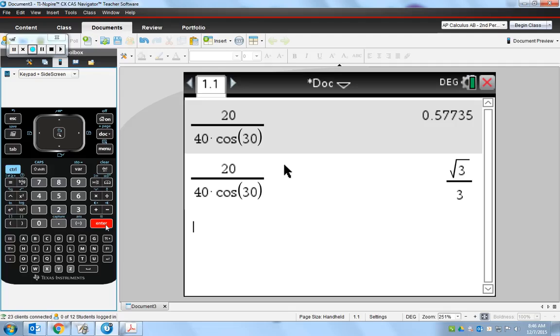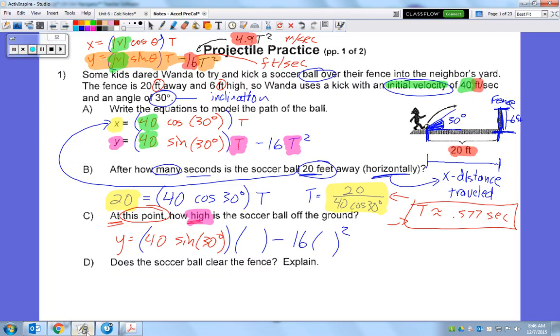And in this case, it's root 3 over 3. Okay, so I didn't press control enter that time. I just went up to grab it and pressed enter so that I could see what it is exactly. So you could do that and get root 3 over 3, or you can just copy and paste that entire thing as you're putting it into the calculator, and I'll show you how to do that real quick.